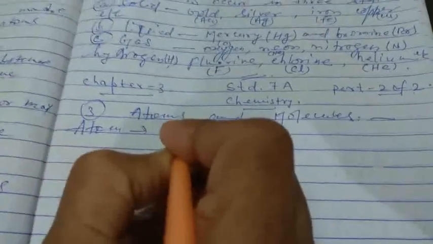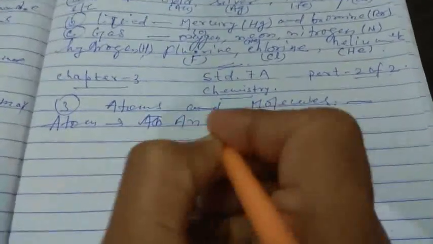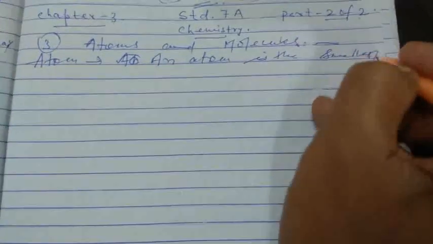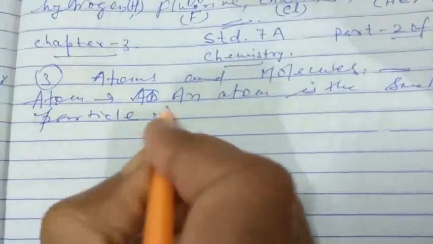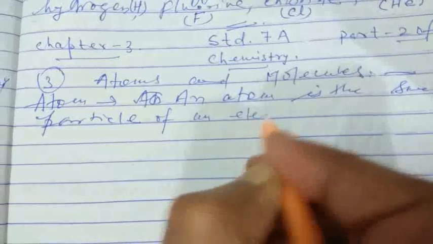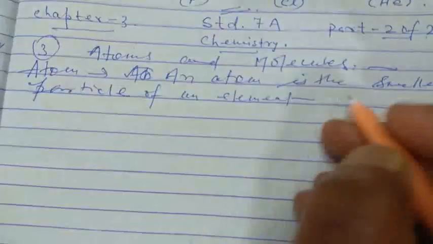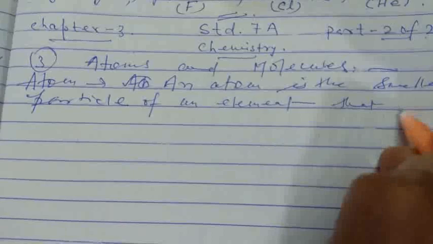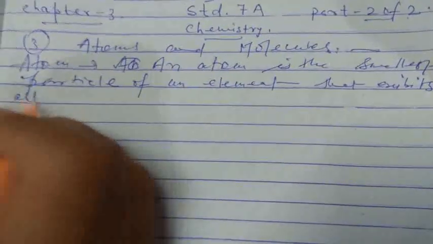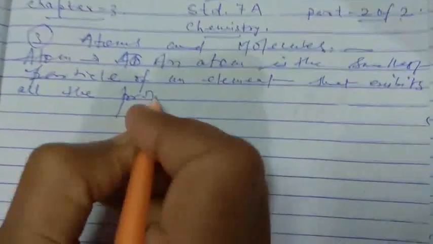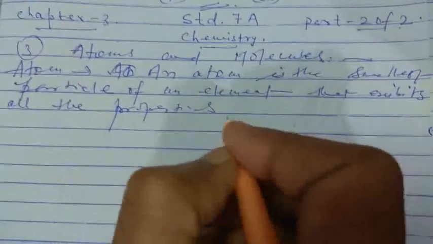An atom is the smallest particle of an element that exhibits all the properties of an element.